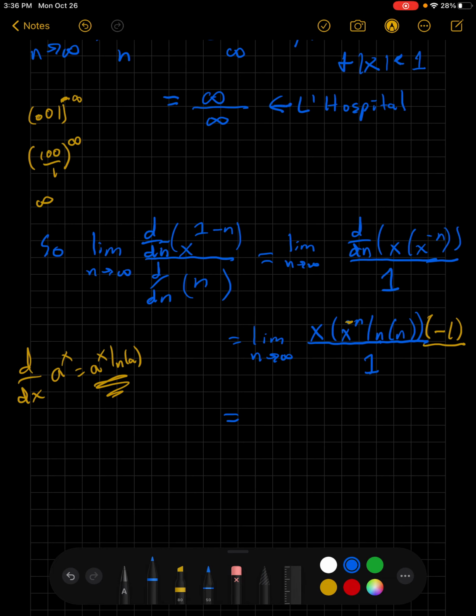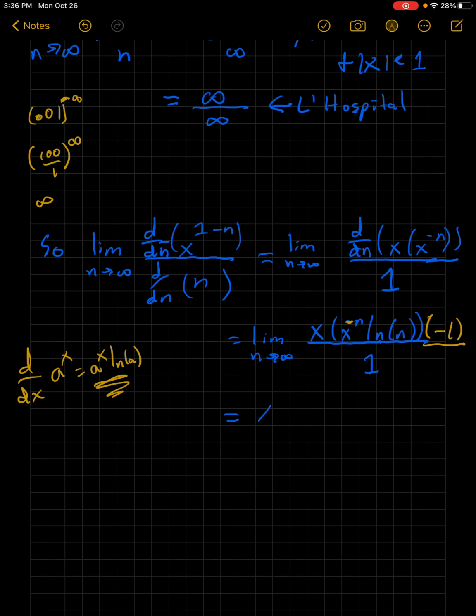Okay, so what is happening here? Let's think about this. n is going to infinity, x is fixed. x is just some number, like a half or like 0.01. Now, as I just said, x to the negative n, because x is less than 1, is actually infinity.